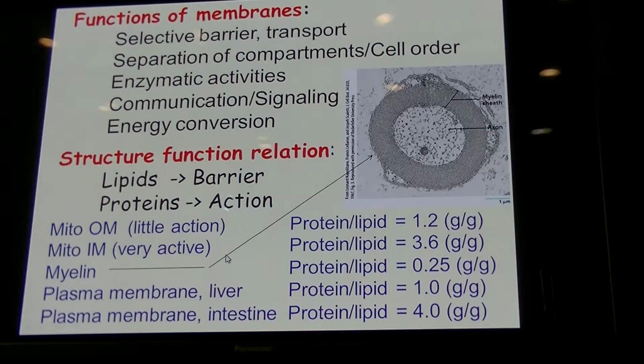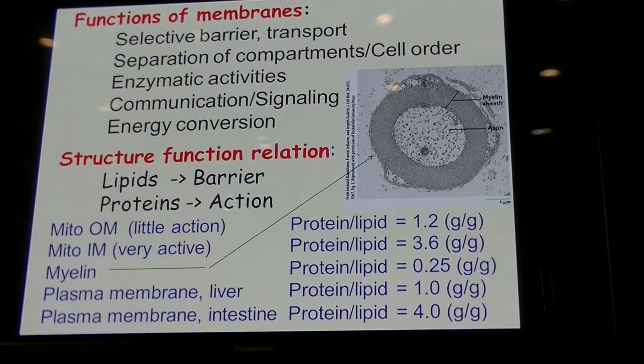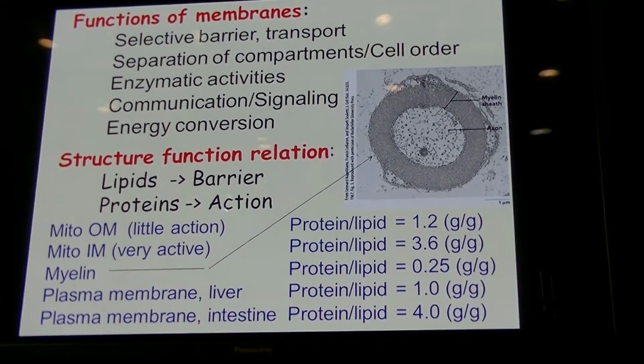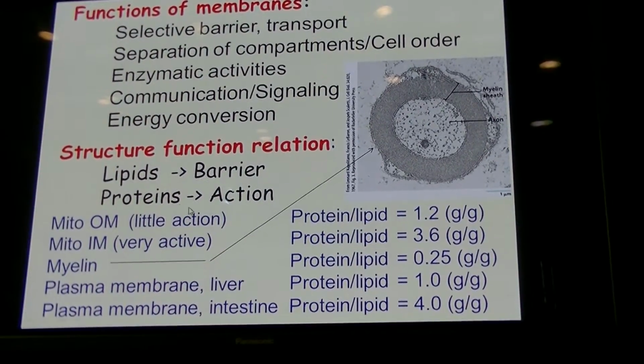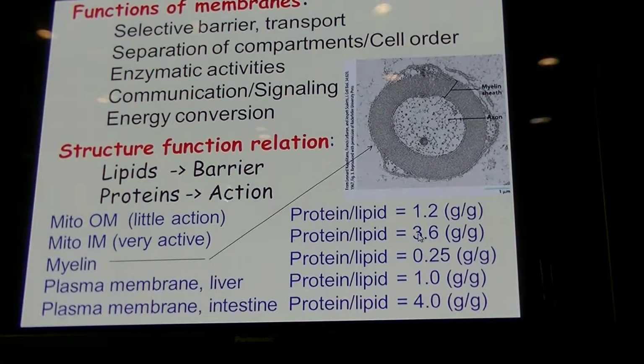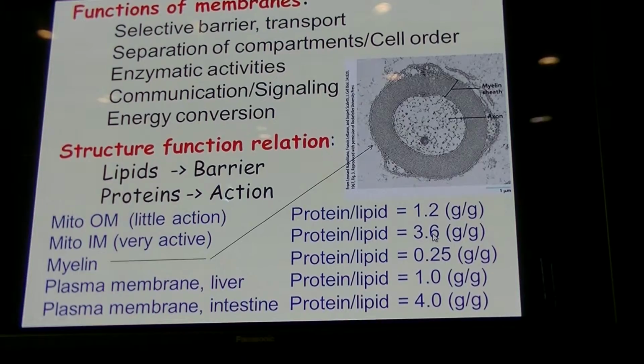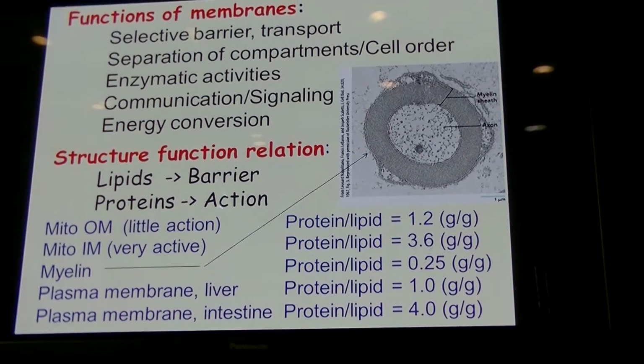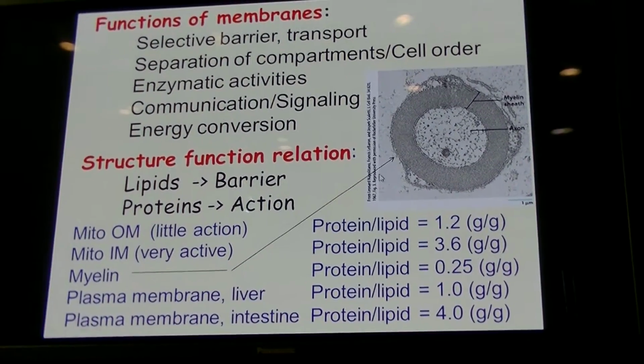If we go to the mitochondrial inner membrane, which is very important for the generation of ATP in the process of respiration, there are a lot of protein complexes in there to give that action, and indeed we see the protein-lipid ratio there is 3.6, so more than 10 times higher than in this myelin membrane.